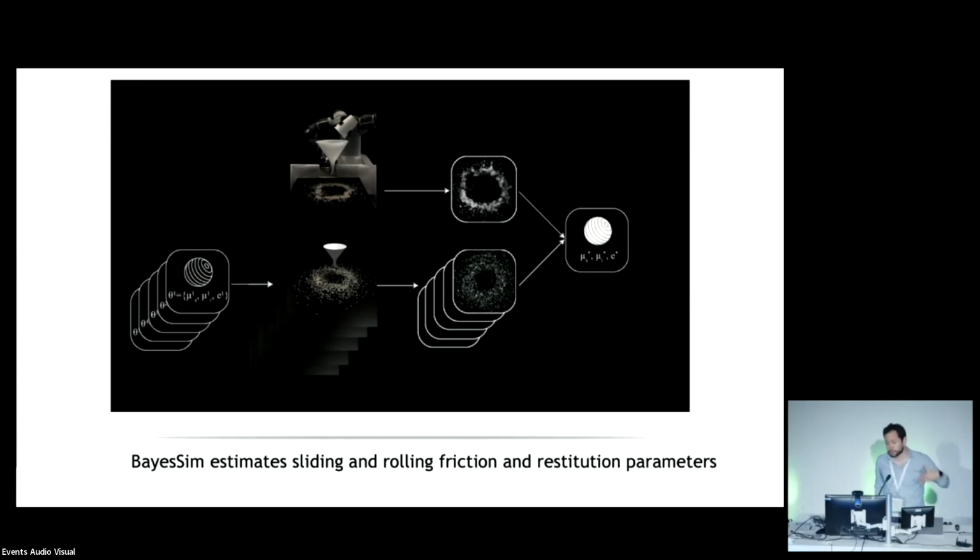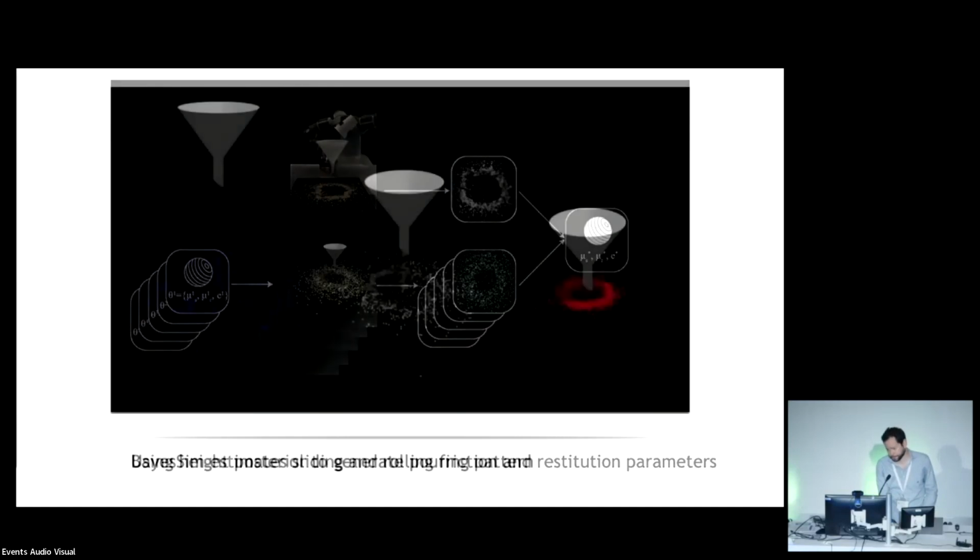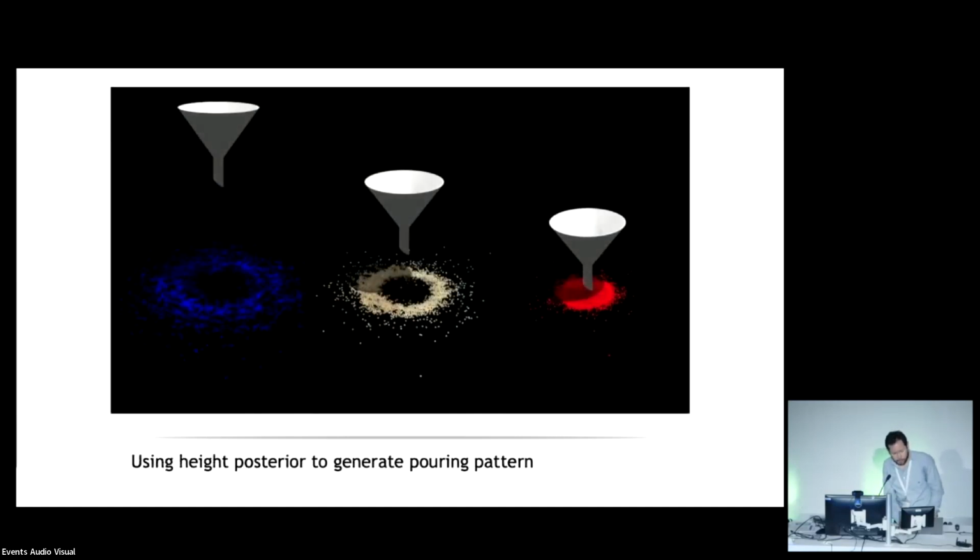So after we sample, right, different values for rolling, friction, restitution, and so on, we learn this model and do domain randomization to estimate a policy. Okay, so now you can see that these are results of the simulation, and the policy here is quite simple.